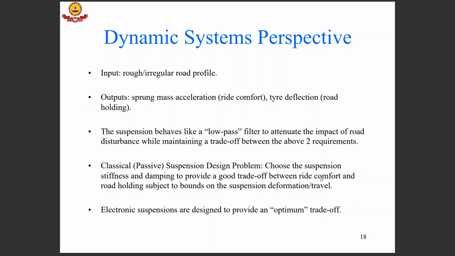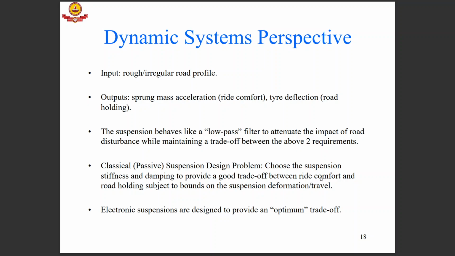The classical passive suspension design problem is to choose the suspension stiffness and damping to provide a good trade-off between ride comfort and road holding, subject to bounds on suspension deformation or travel. You would have seen two coil springs in some bikes, and if you take a look at a truck, you will see that some leaf springs are not making contact with some leaves.